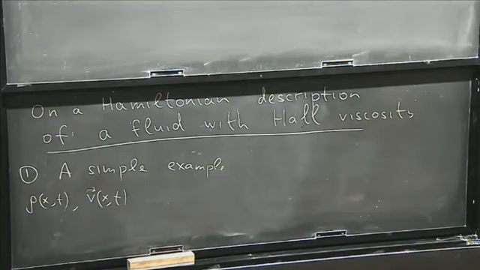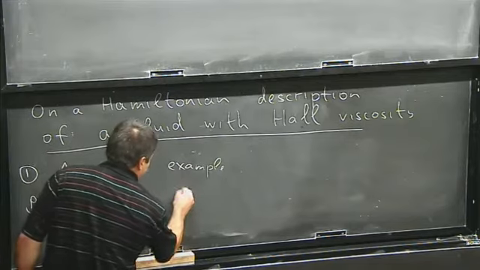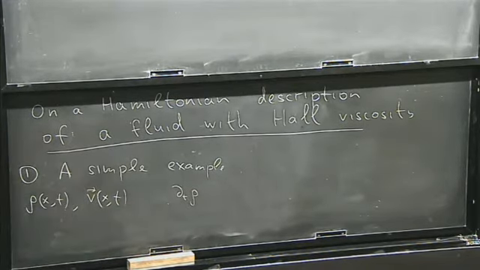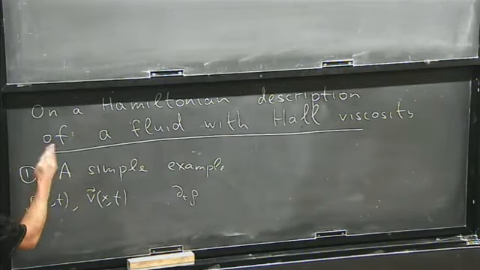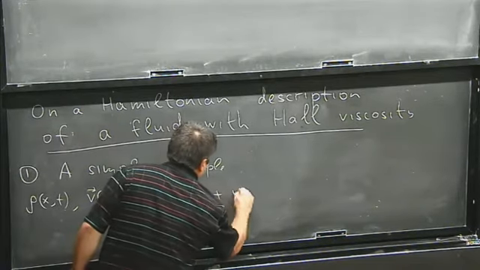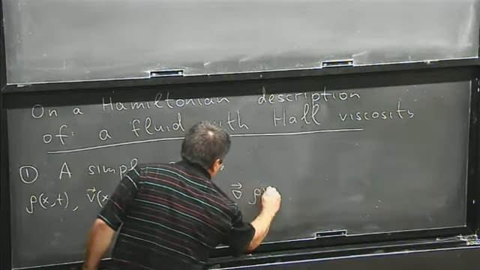I will omit arrows on x, but x is a point in a 3 or 2-dimensional space. I will later concentrate on 2-dimensional space, but now x is of any dimension. And we start with two basic equations.